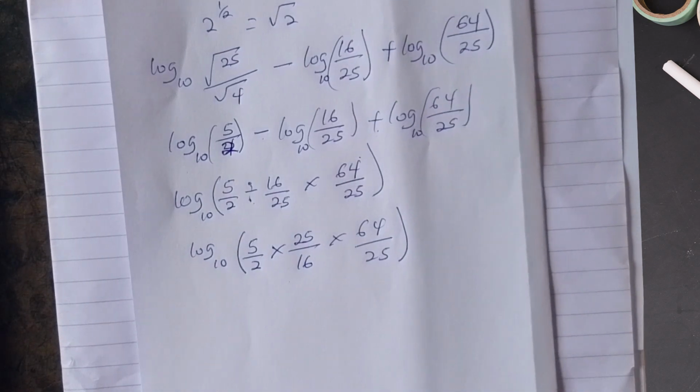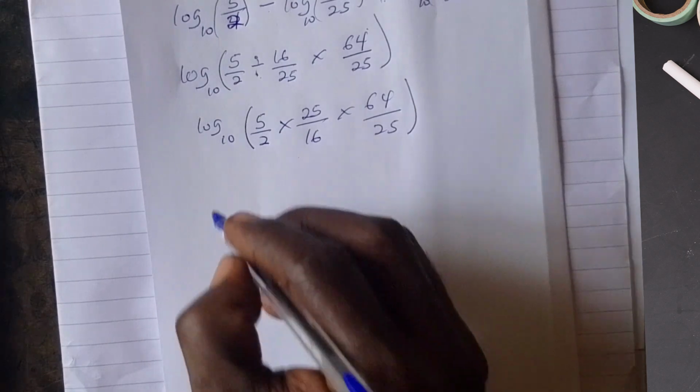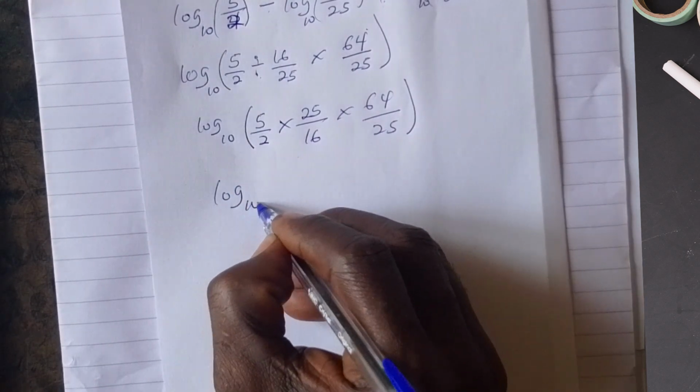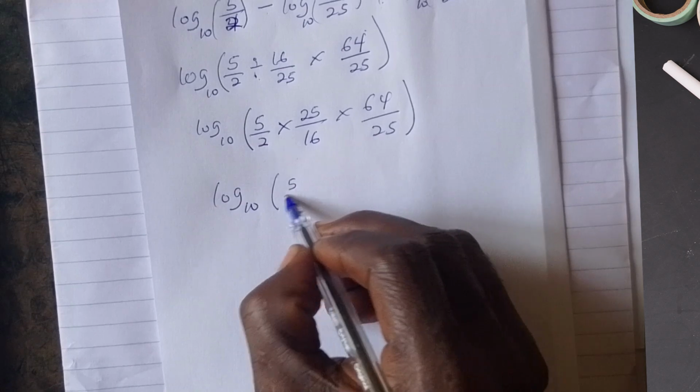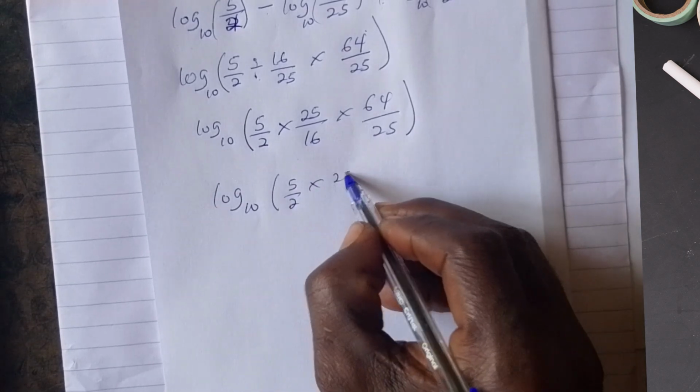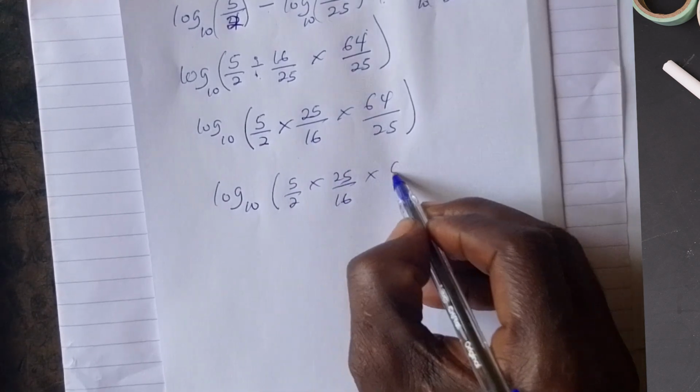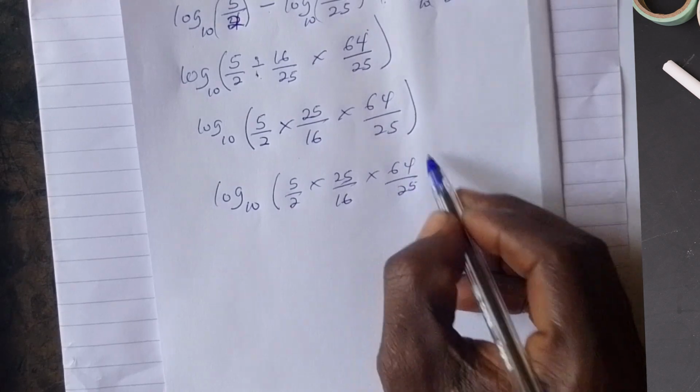This we have: the log to the base of 10, 5 over 2 times 25 over 16 times 64 over 25.